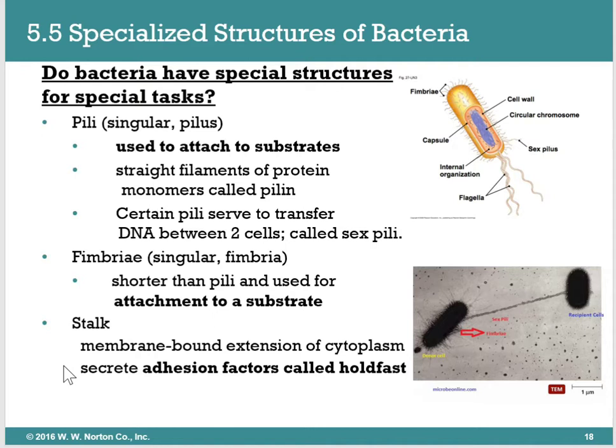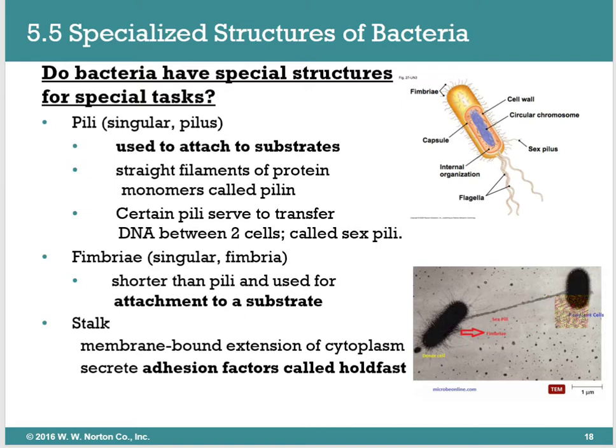And then sometimes these pili can actually be used to transfer DNA between cells. And whenever there is a transfer of DNA from one bacteria cell to another, that's called a sex pili. And that's actually shown in this figure. So we have the donor cell, which is where the DNA originated from.